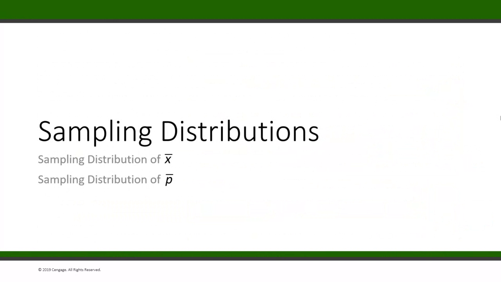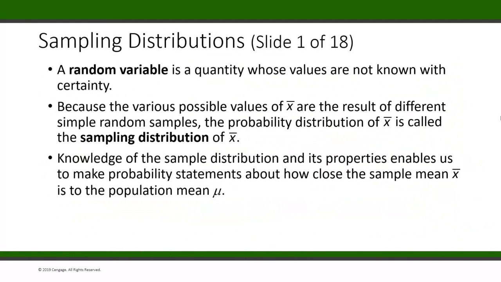The first concept that comes up is that of random variables. We are saying, for example, X bar is a random variable because we are not sure of the exact value of X bar. For example, when you took a sample, you got 4,000, or you get 4,500.